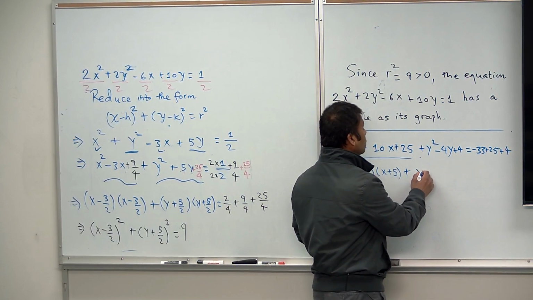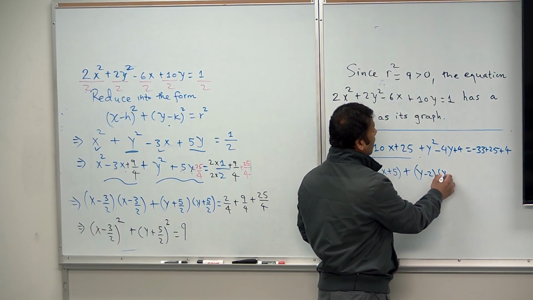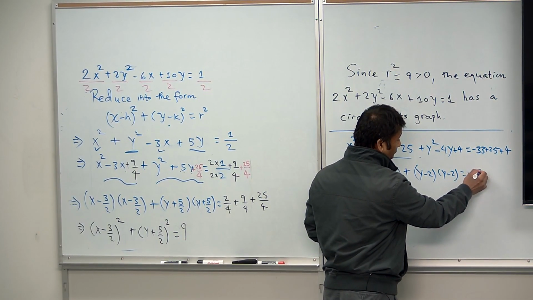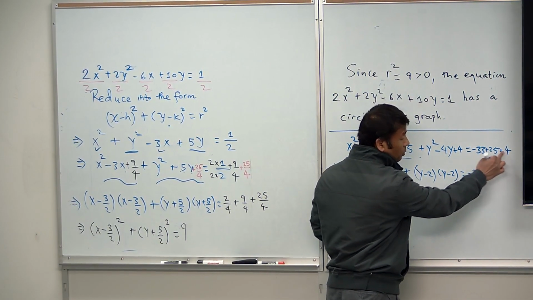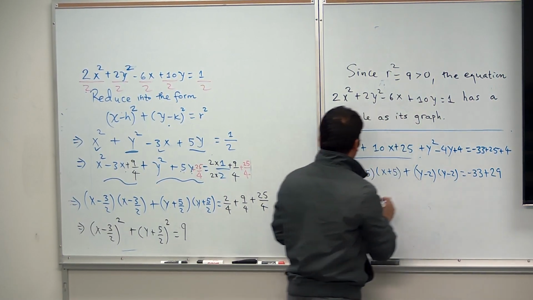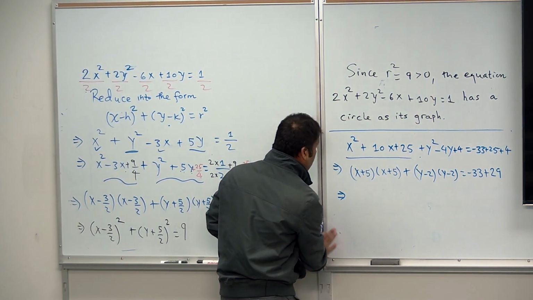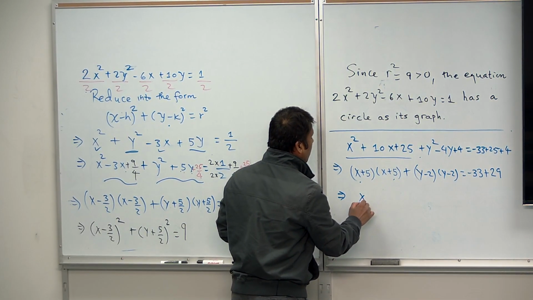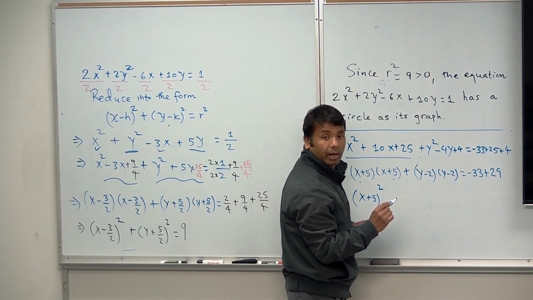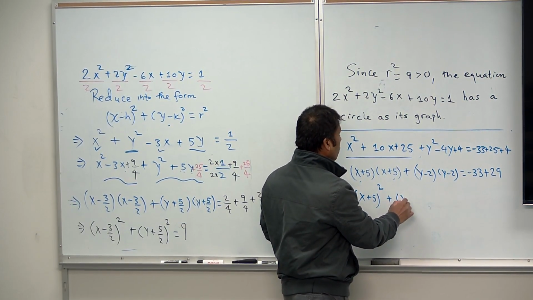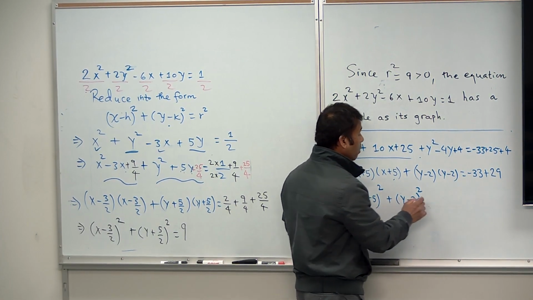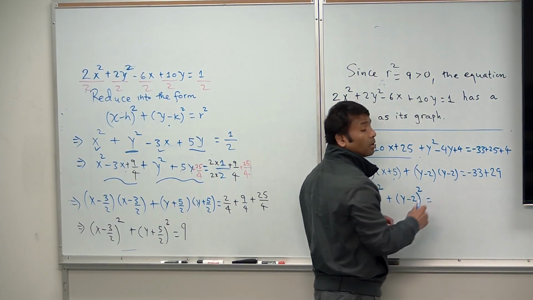Yes, so this is y minus 2 equal to, now look at here. This is -33 plus, hey, what is 25 plus 4? 29. So now this is x plus 5 times x plus 5, which is x plus 5 squared. Is that right? Plus y minus 2 times y minus 2, squared, equal to, what is -33 plus 29?